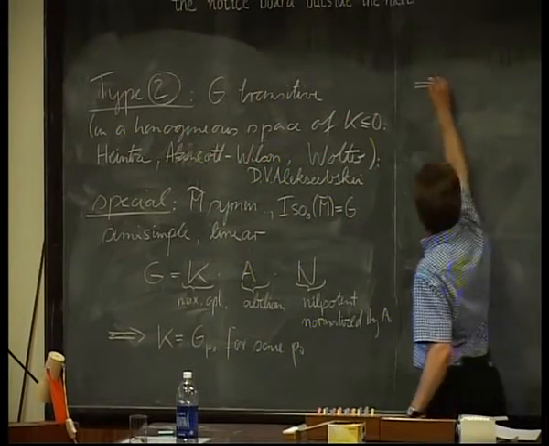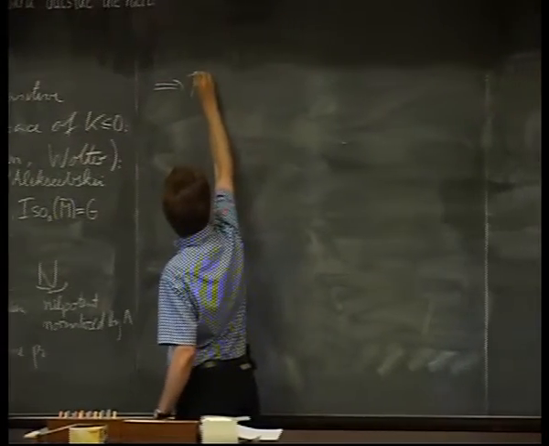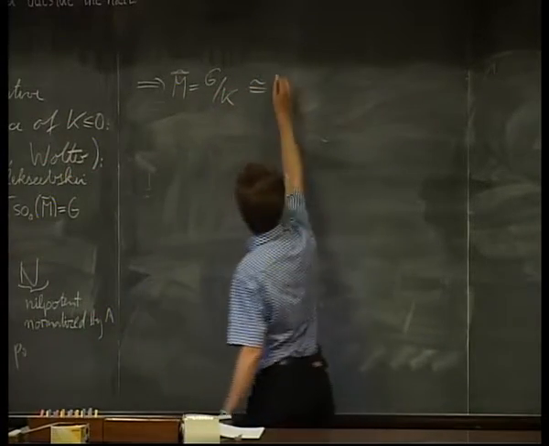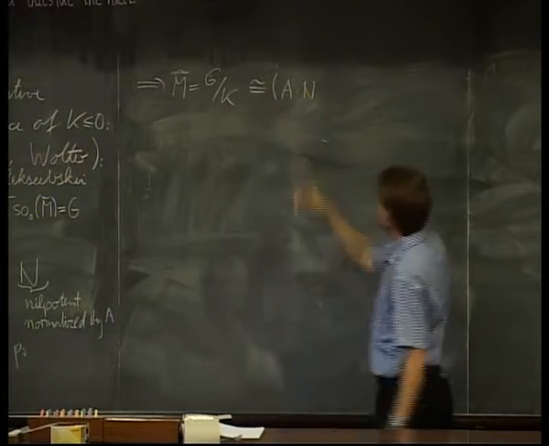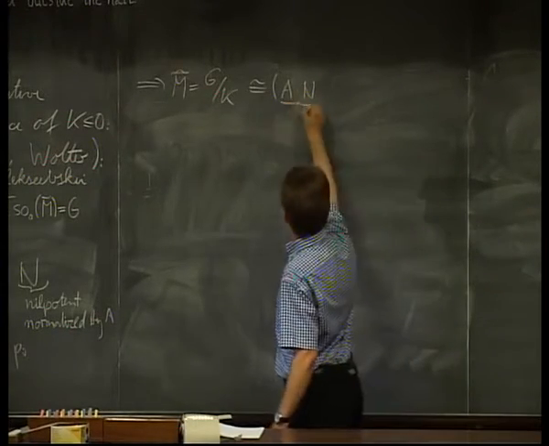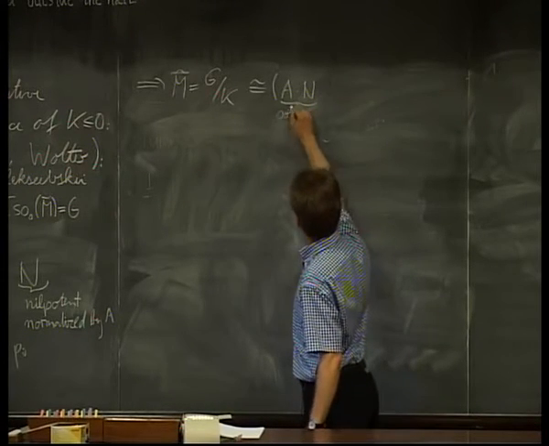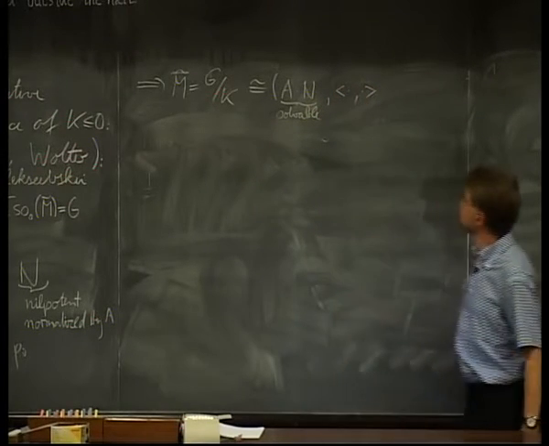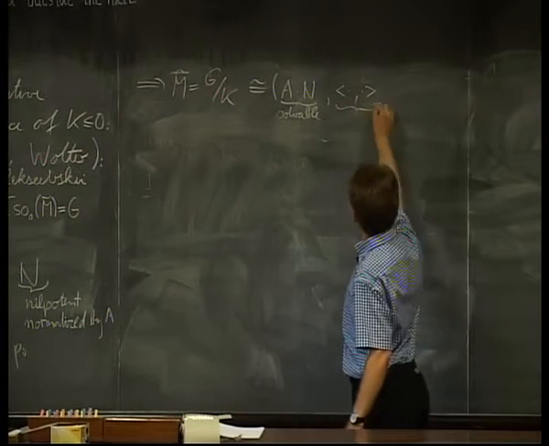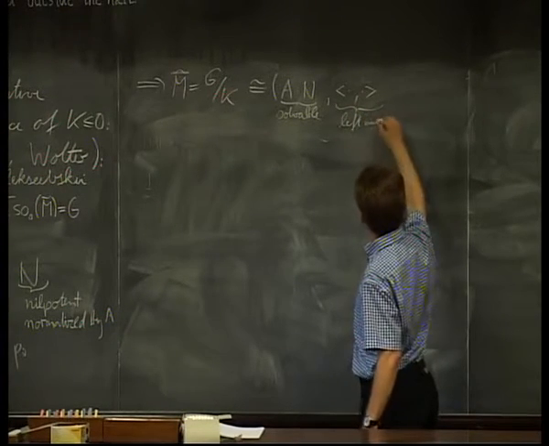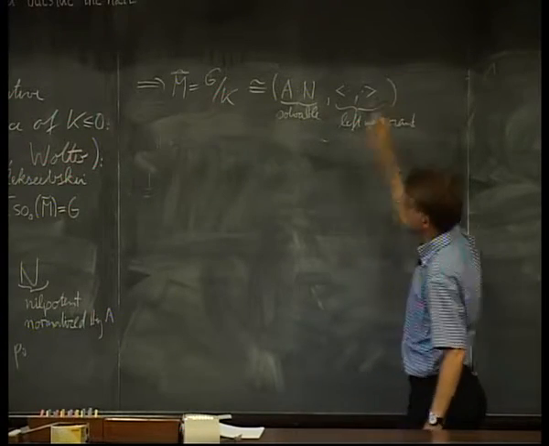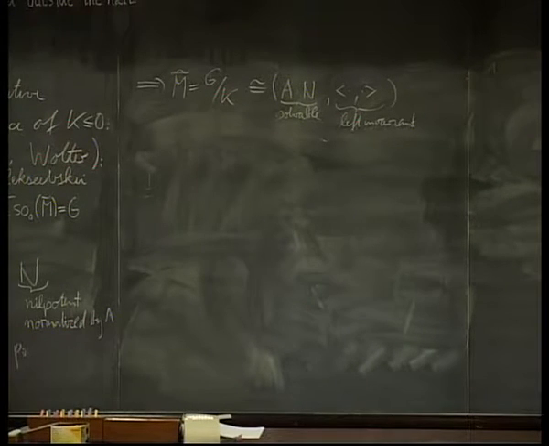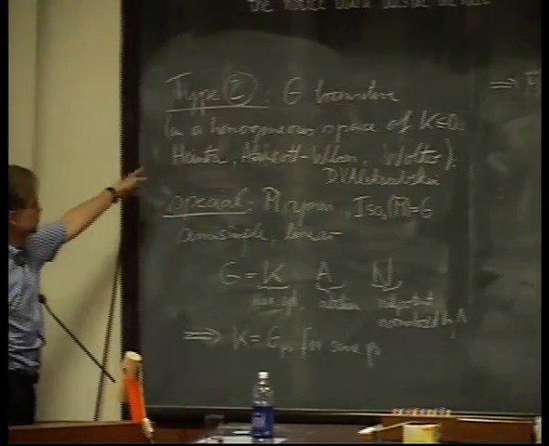Then of course M tilde can be identified with a coset space G mod K, and due to this product decomposition, just as well with all products of elements from A and N. But since A normalizes N, this is a group, in fact a solvable Lie group, and we can identify M tilde up to isometry with a solvable Lie group endowed with a left invariant Riemannian metric.